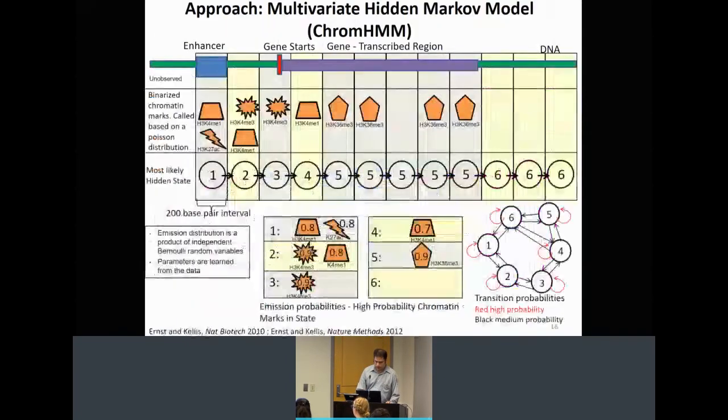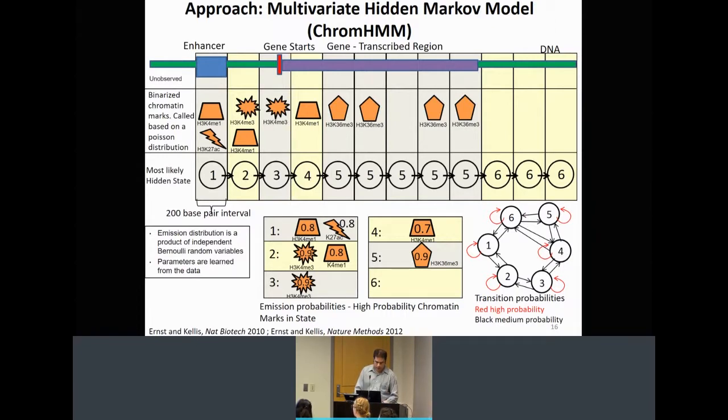And just to give a little more detail about how this works in the modeling approach, what we're doing is we're assuming there's these underlying biological entities, whether it's enhancers or starts of genes or transcribed regions, that you don't have annotated.